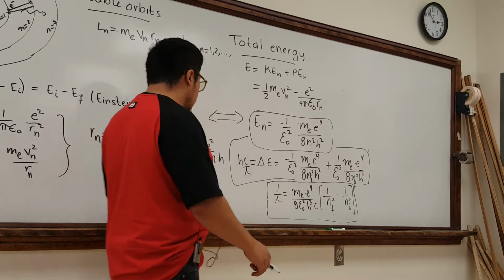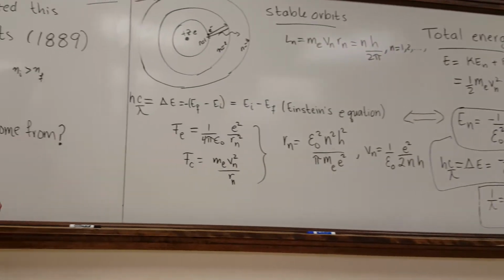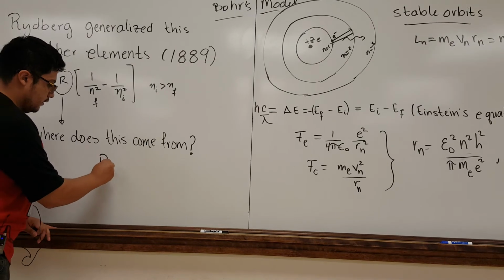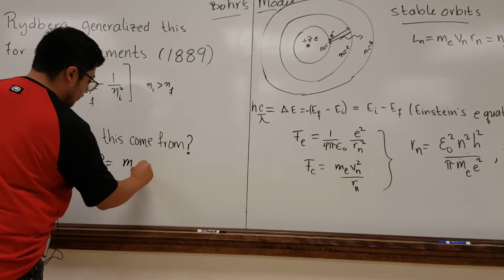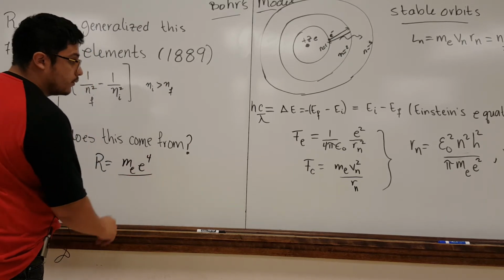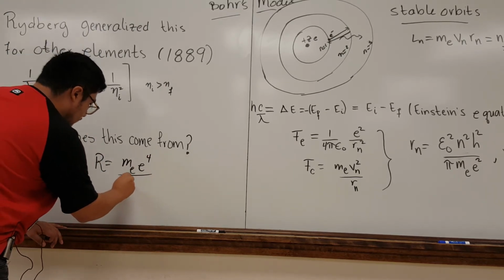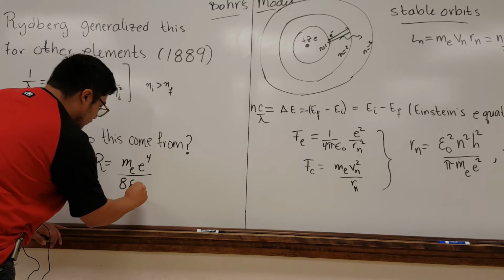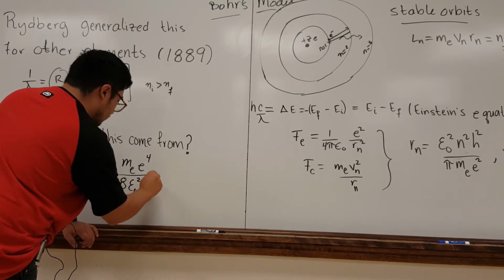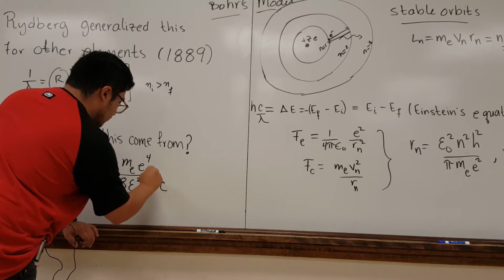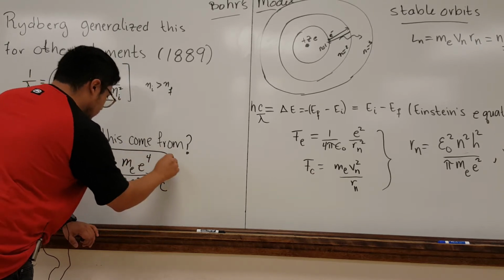So in reality, Rydberg's constant is equal to the mass of the electron times the charge of the electron to the 4th power, over 8 times epsilon 0 squared times Planck's constant cubed times the speed of light.